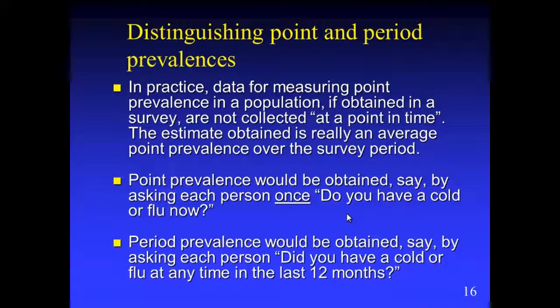So where people get confused is it's often the case we talk about the data being collected over a 3-month period, but the nature of the inquiry at the time was one contact with each person, and we asked about that point in time, and so it is a point prevalence, not a period prevalence. So try and remember how to distinguish between them.